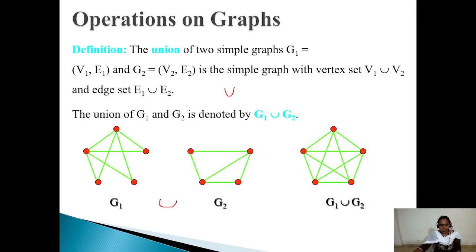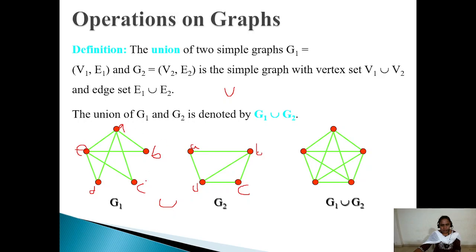See, this has vertices A, B, C, D, E. Here one edge is not connected, B to C, and one edge is not connected, C to D. G1 is one graph, G2 is another graph.